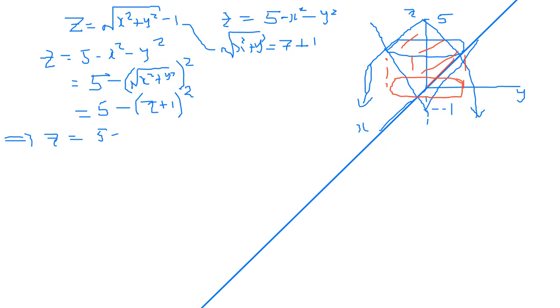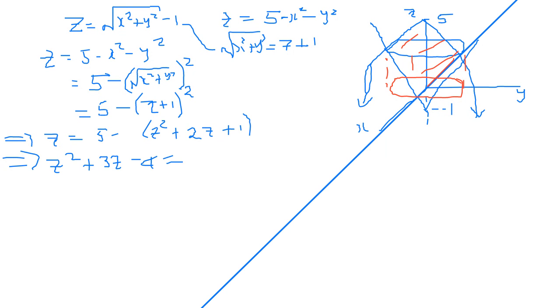Z is equal to 5 minus z squared plus 2z plus 1. So that's going to give us z squared plus 3z, I hope. That's minus 2z, so that's 3z minus 1.